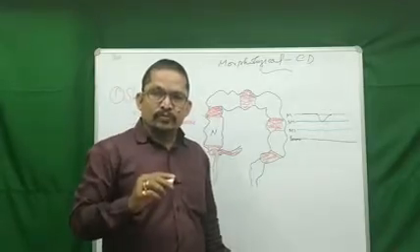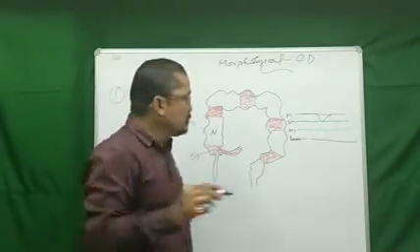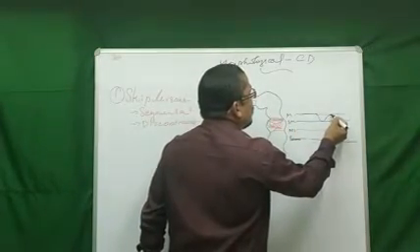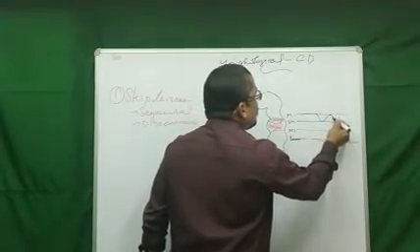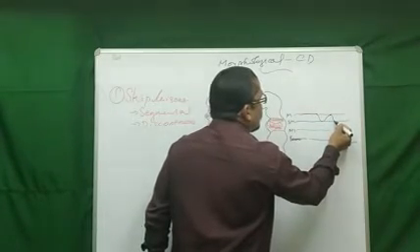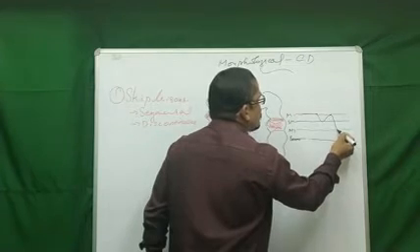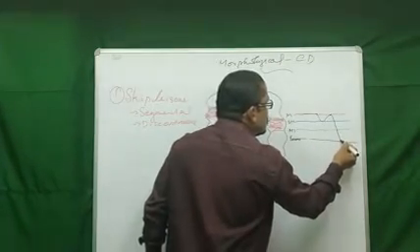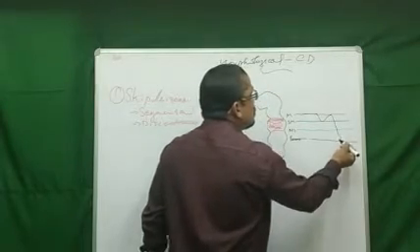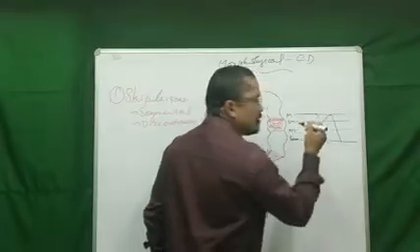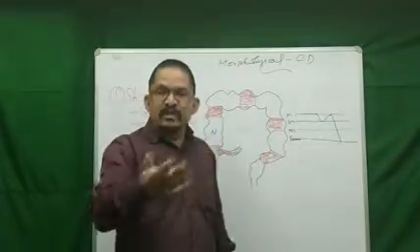But in case of Crohn's disease, the erosion will involve the mucosa to submucosa, or it can be from submucosa up to muscularis, and it can go up to the serosa. That means the same can travel outside the serosa.